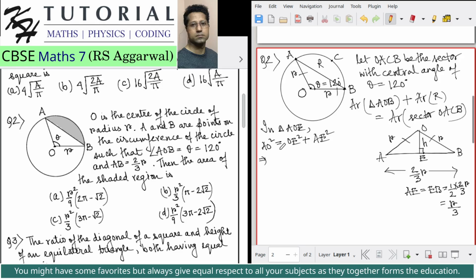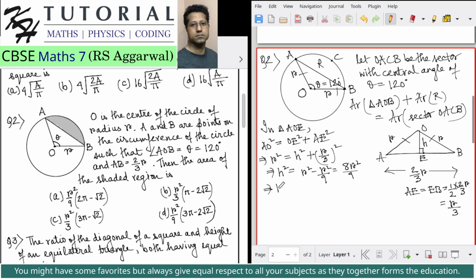So what is AO? AO is R. So we have R square is equal to OE, which is the height H, square, plus AE, which is R by 3, square. So H square, since I am trying to find the height H, will be equal to R square minus R square by 9, which is equal to 8R square by 9.